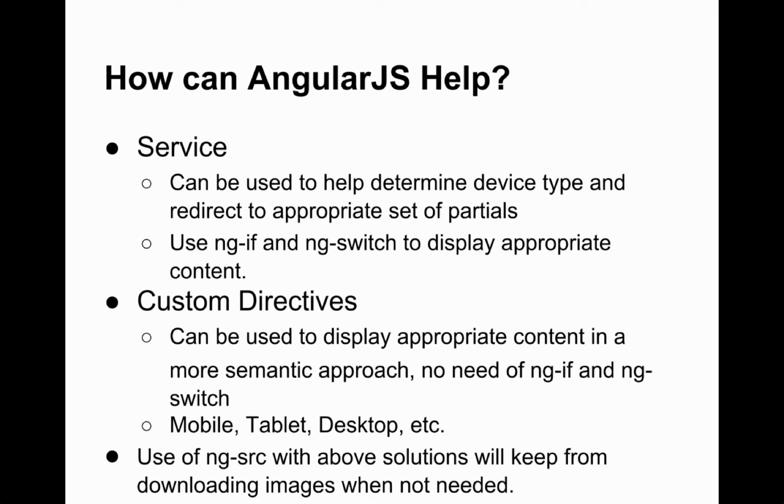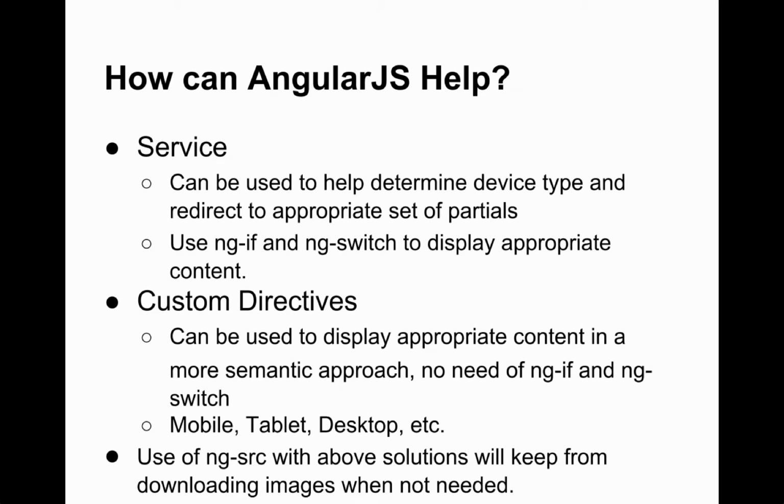Or we can use a service for the redirection, and redirect them automatically from the client, so the client can figure it out instead of your server-side code having to figure it out. We can also use ngIf and ngSwitch to display the appropriate content. But the problem with ngSwitch or ngIf is that you get all this complicated code in your HTML: if mobile, do this, or ngSwitch mobile and stuff like that. So that isn't truly a really good way.